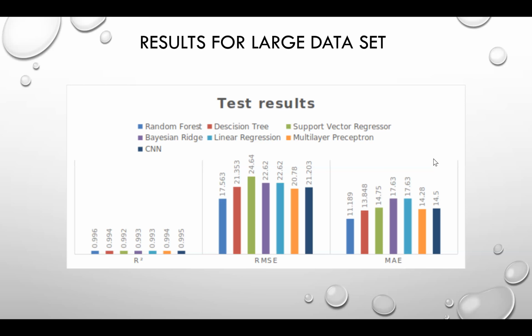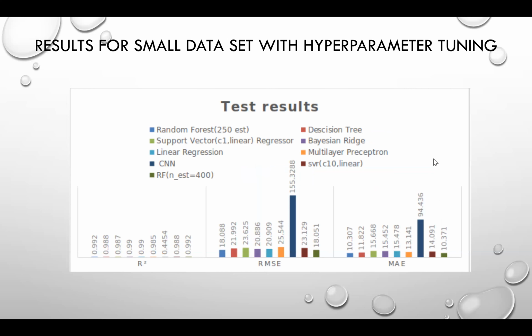When applied to a small data set, CNN performed the worst with an R-squared of 0.445. Additionally, hyperparameter tuning of random forest and SVR increased the accuracy of both models. Specifically, hyperparameter tuning of the random forest with 250 estimators increased the R-squared to 0.992 and decreased the mean absolute error to 10.3 and the root mean square error to 80.